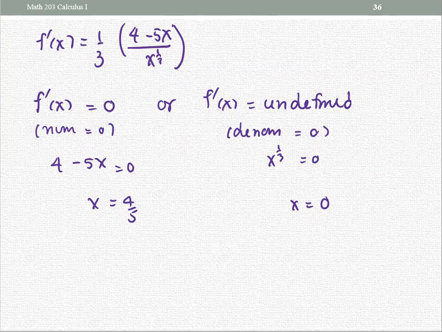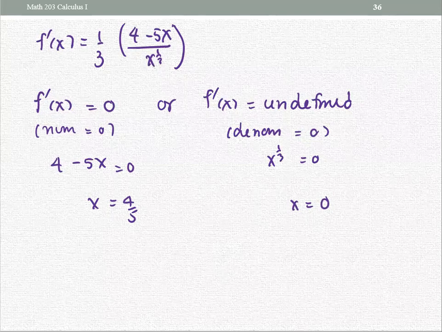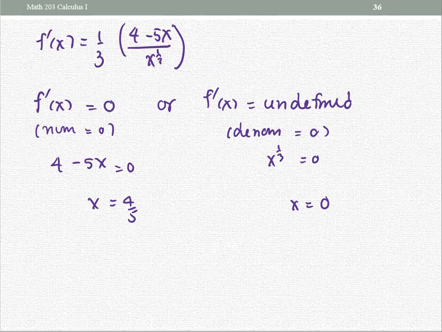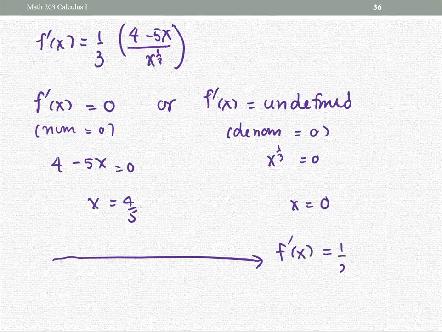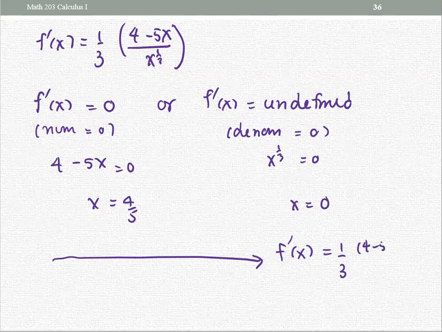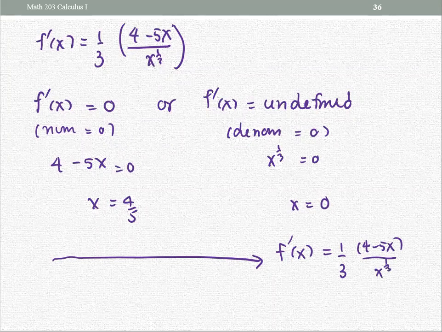For x equals 4 over 5 and x equals 0, we put them on the real number line. This is the real number line for f prime. I'm going to copy the term again: 1 over 3 times (4 minus 5x) over x to the 1/3, which is the cube root.